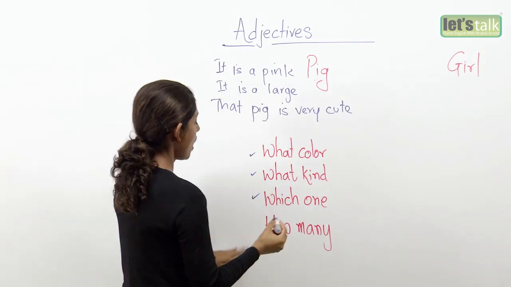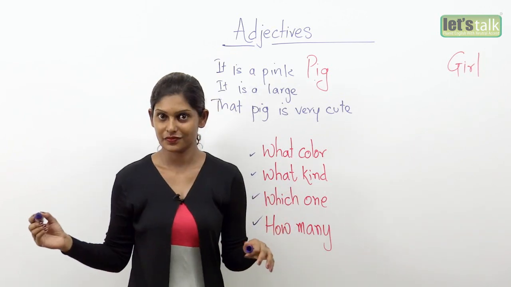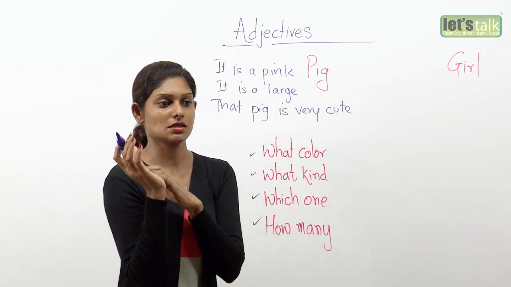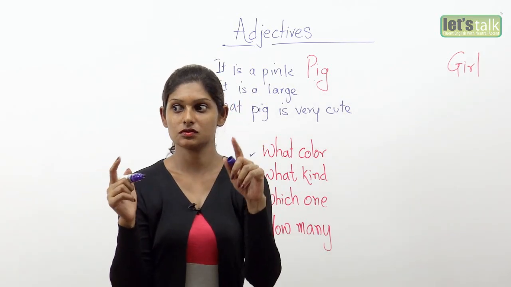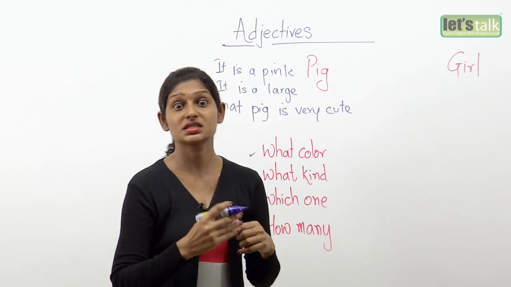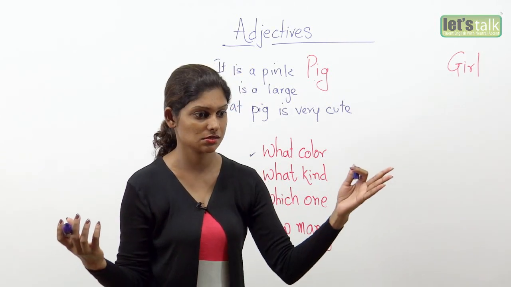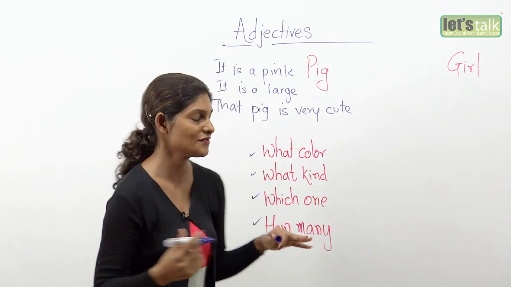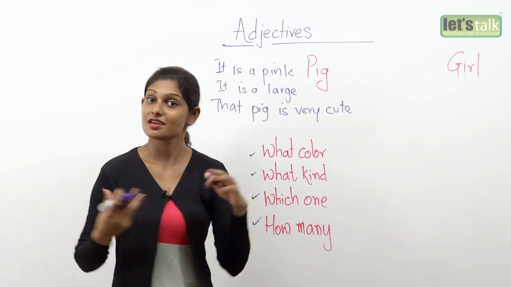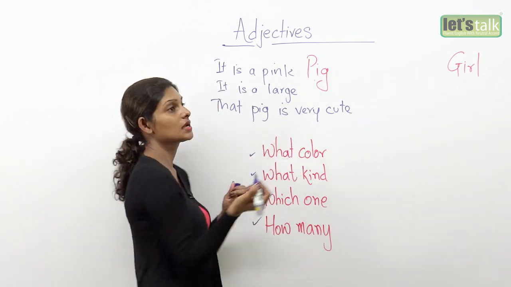Okay, now how many numbers also come into this? All right, how many of the pigs? Okay, so it was 1 pig, 2 pigs, 5 pigs, several pigs, many pigs, how many of them? If you can describe it in number, you'd be able to describe it further. All right, so let's say 1 pig.